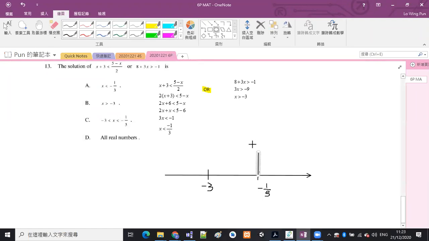And a circle, hollow circle, and then pointing to the left. Okay, and shade. Shade the shadow. X 細過負1/3就係呢一個啦。And then how about the other one? X is larger than -3. Stem, circle, hollow circle, okay? And then arrow pointing to the right this time.